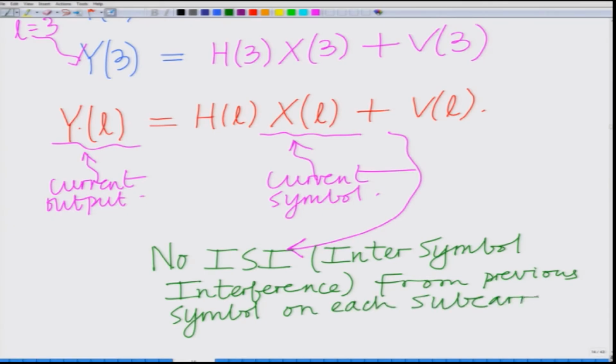Remember, in the time domain you still have the intersample interference, but by intelligently working in the frequency domain, by adding the cyclic prefix and converting back into the frequency domain at the receiver, one has eliminated the intersymbol interference across each subcarrier, and this is the important aspect of OFDM, that it eliminates the intersymbol interference in the frequency domain.